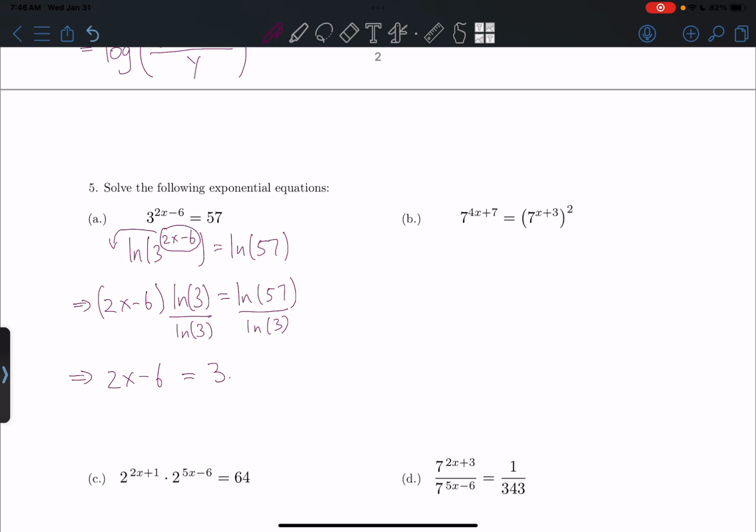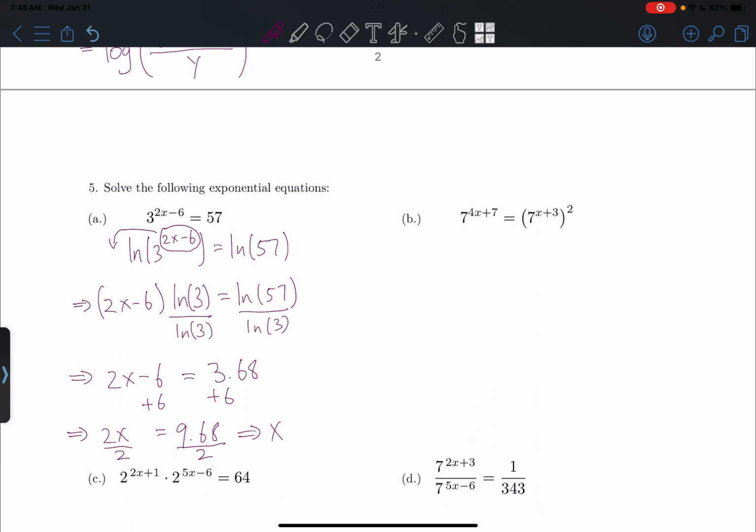To be 3.68, and I plus 6 on both sides. 9.68, and of course I divide by 2 on both sides.